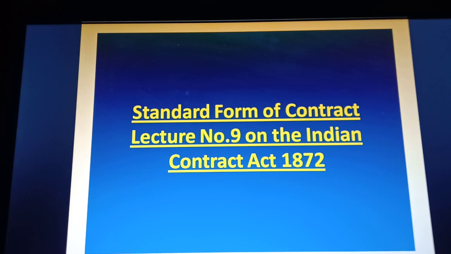Students, in this lecture number 9 on the Indian Contract Act 1872, I am going to discuss with you a very important type of contract which is called standard form of contract.